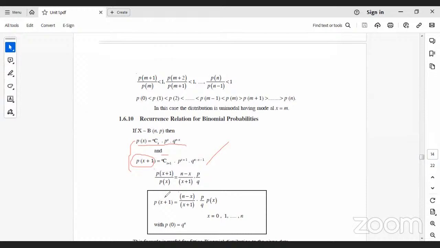Yes sir, yes sir. ఇప్పుడు p power x plus 1 అంటే ఇక్కడ ఏం రాస్తామమ్మా? ncx plus 1, p power x plus 1, q power n minus x minus 1. Correct? Yes sir. What is p of x? ncx p power x q power n minus x. Correct? Yes sir.